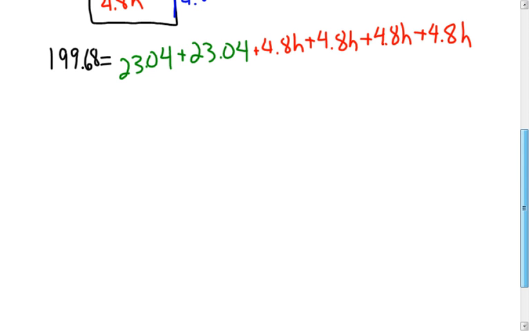The first thing I'm going to do is subtract the green 23.04, 2 of them. So really I'm going to end up subtracting 46.08 from both sides.